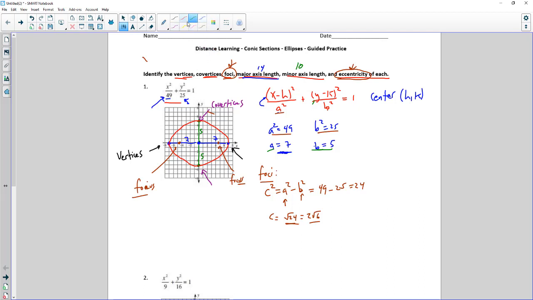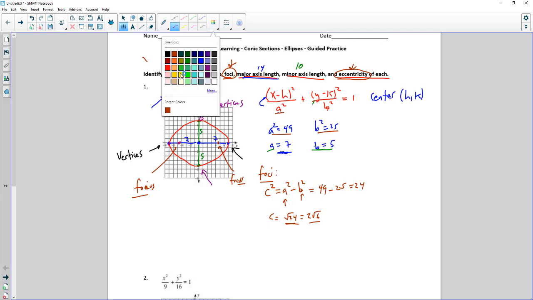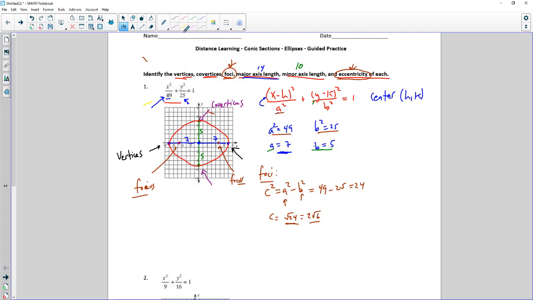So how does this focus thing work? Well, if I were to put a string right there and right there, and I wish I had a different color. We have a bunch of colors, none of them are easy to see. Yellows are really hard to see. Let's try that one.